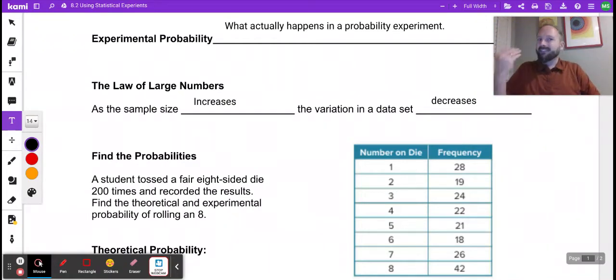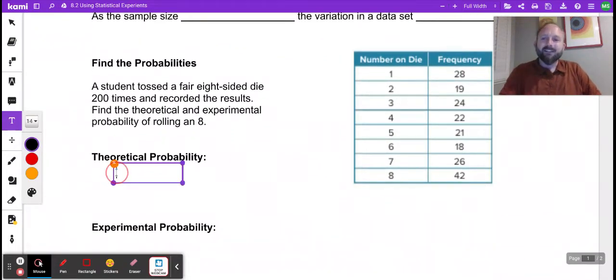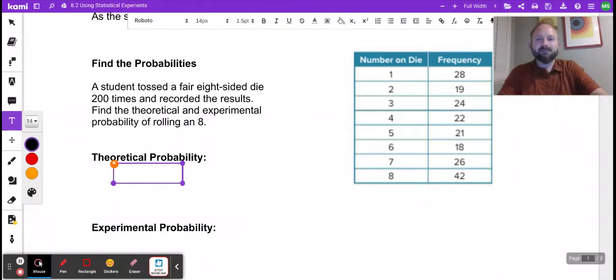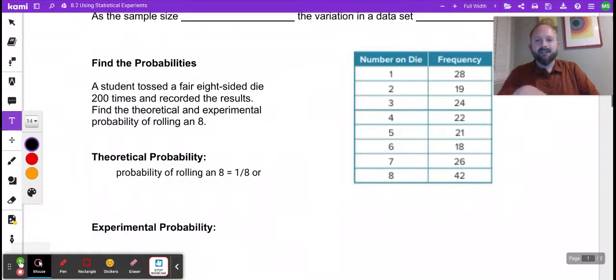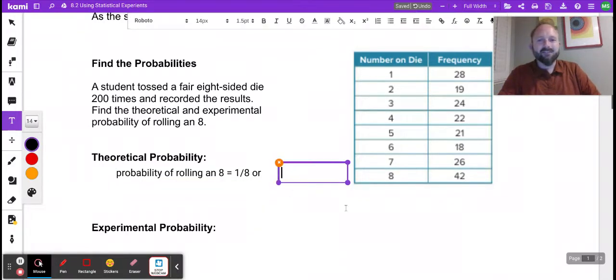All right, well, if it's an 8-sided die, the probability of rolling an 8 would equal 1 over 8, or 12.5%. So not even a quarter, half of a quarter, or 12.5 out of 100 times.